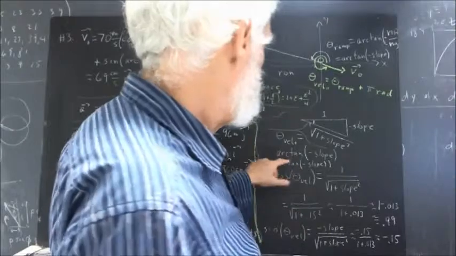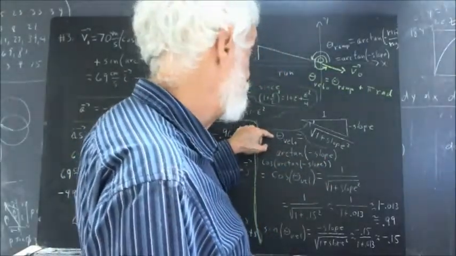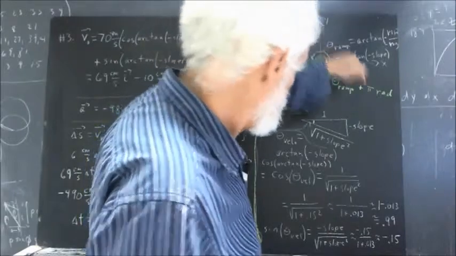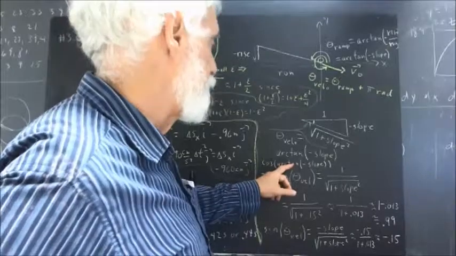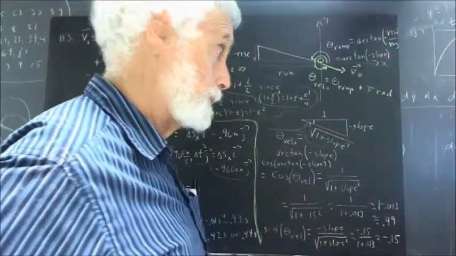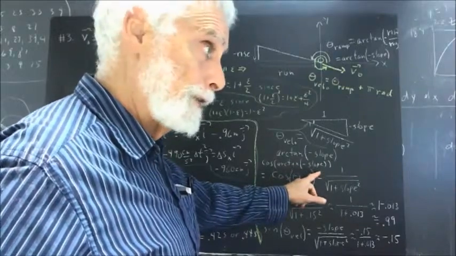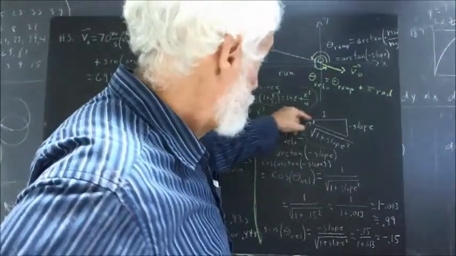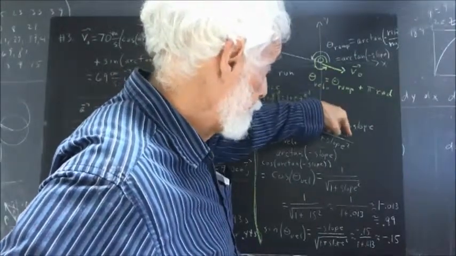So if we want to find the sine or the cosine of this angle, which we would want to do in order to find the components of this initial velocity, we would have to find the cosine of the arctangent of the negative of the slope. How do we find the cosine of the arctangent of the negative of the slope? Well, right here, again, this angle is the arctangent. Here we've got this side and this side of the triangle.